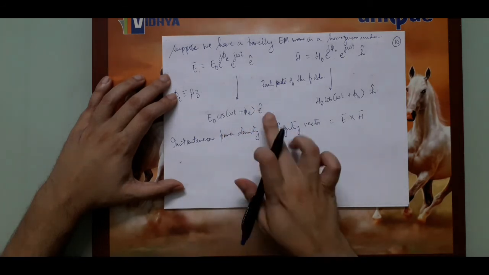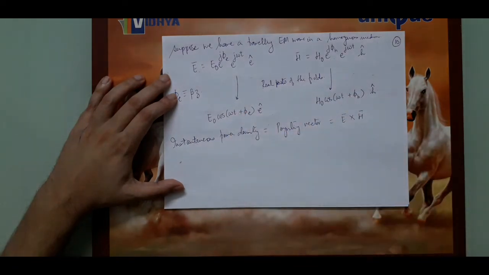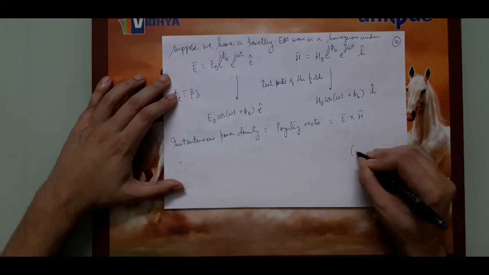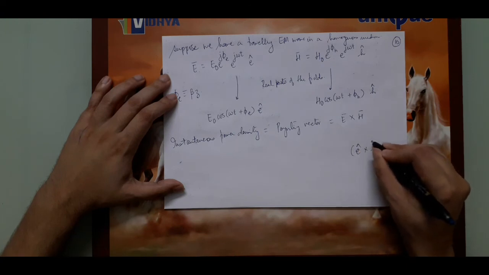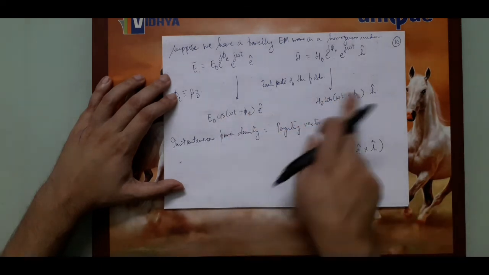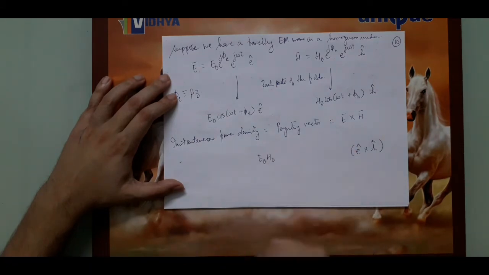Since these two are vectors, I can immediately isolate the scalar part from the vector part by saying that there will definitely be a vector product of E cross H, whatever that may be, and these two terms will be multiplied directly.